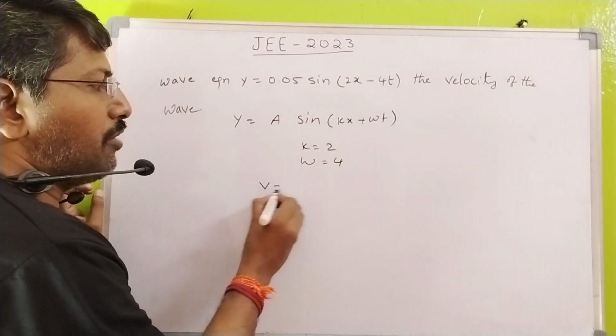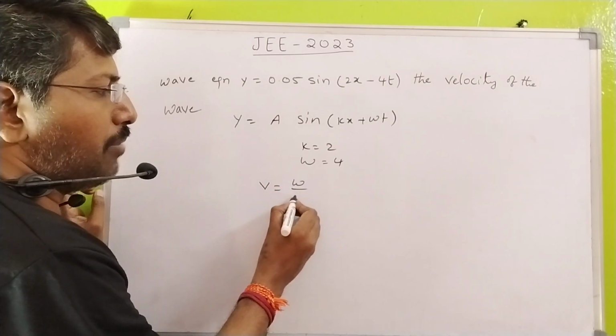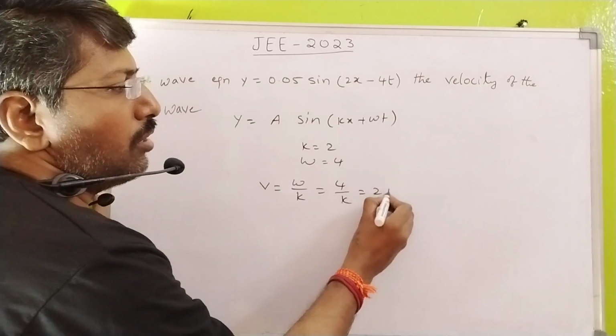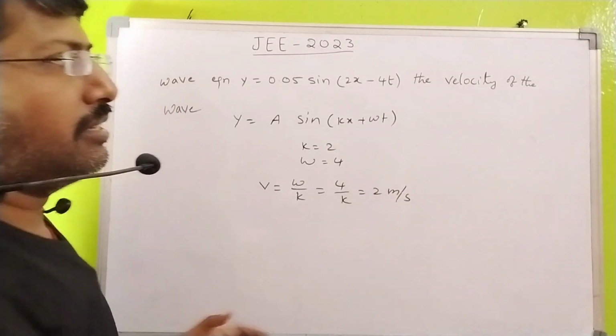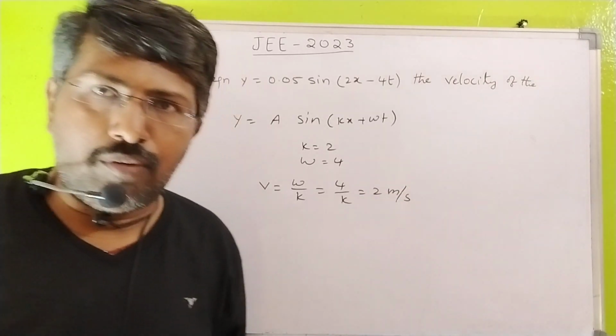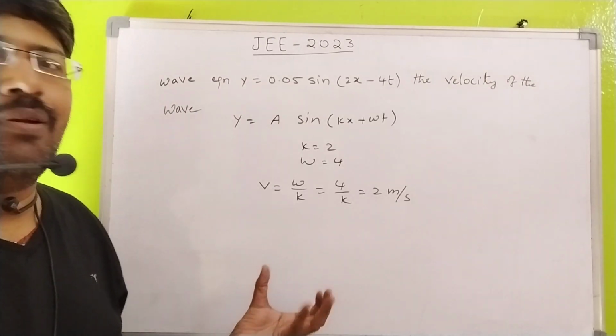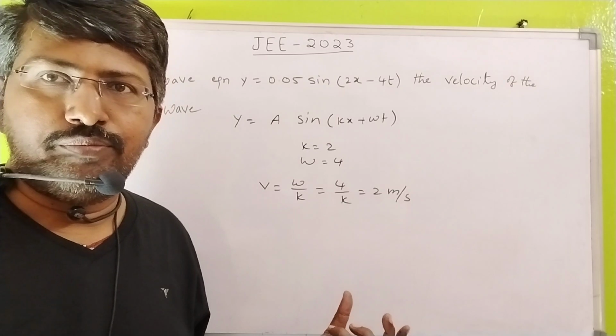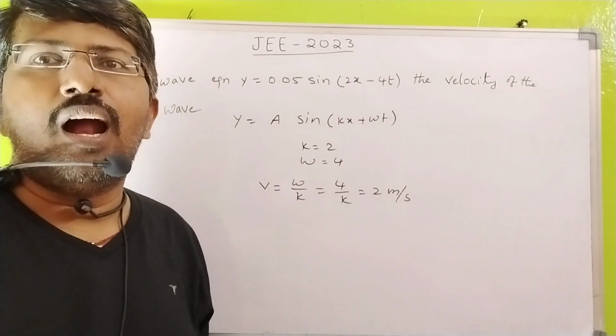So the velocity of the wave v is equal to omega by k, so 4 by 2, that equals 2 meter per second. This is a very easy problem. Just remember the formulas and concepts, definitely you will get a good score. Okay, next I will explain another problem.